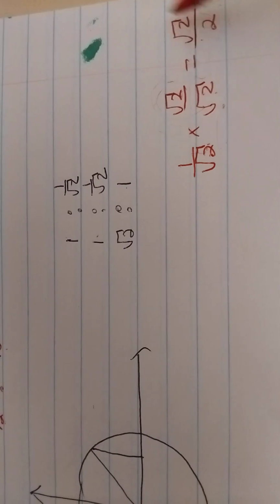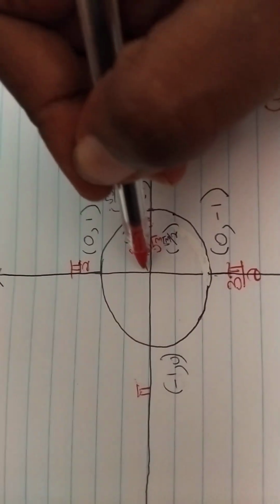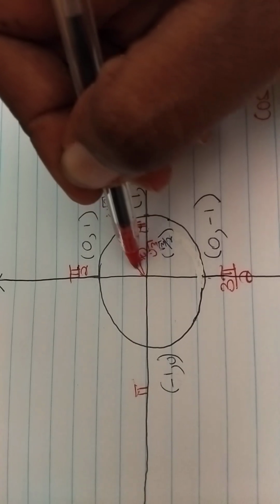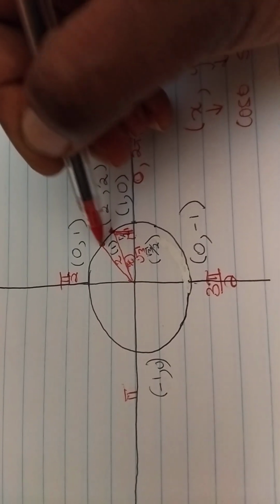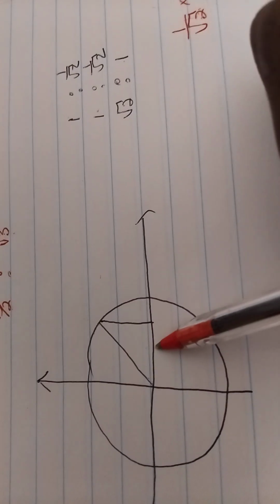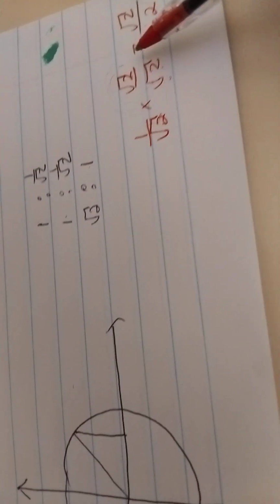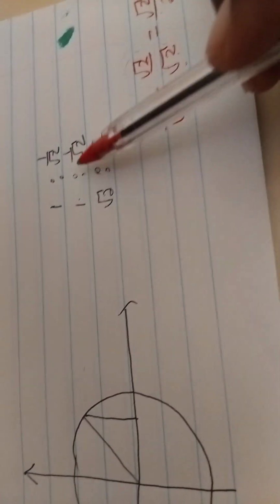textbooks. All right, so this means that on our unit circle, going back here, we have a 45 degree angle. This side is 1, and 1 is now square root 2 over 2 using the conversion.